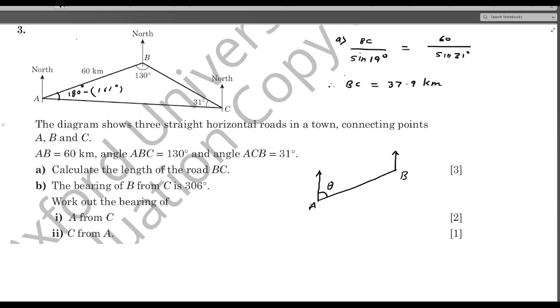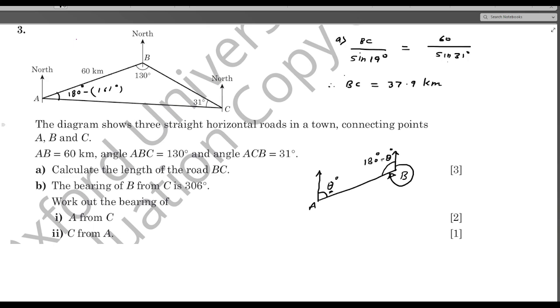So this theta is the bearing of B from A, and the bearing of A from B is this angle. Now understand the relation between these two angles: if this is theta, this is going to be 180 minus theta, right?